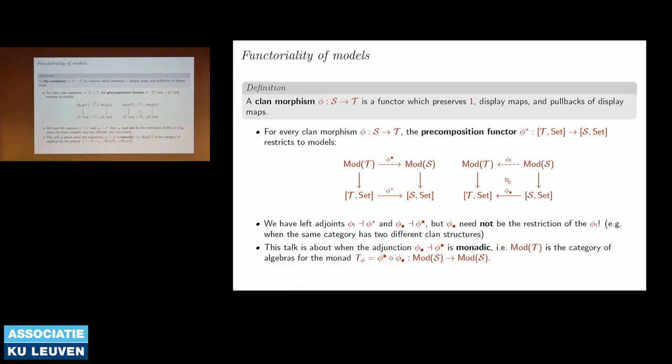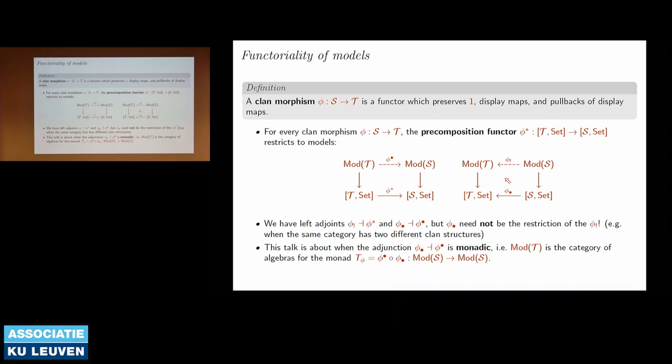So what we are interested in today is the functoriality of this construction of categories of models. And to tell you how this is functorial, I first have to tell you what a clan morphism is. A clan morphism is just a functor phi from one clan into another, which preserves the terminal object, display maps, and pullbacks of display maps.